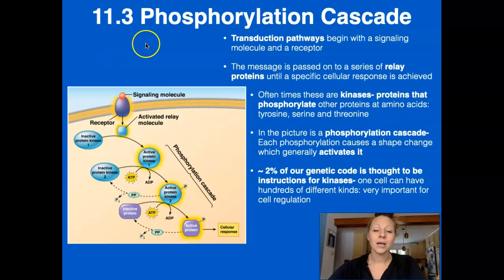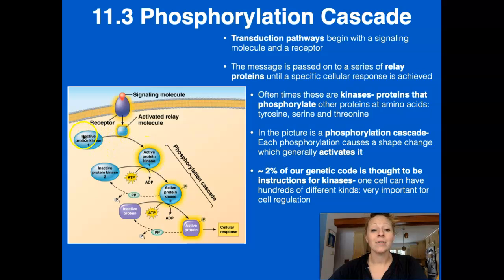The first transduction pathway that we're going to talk about, or the first way that the message can be passed from one molecule to another, is a phosphorylation cascade. It's just simply what it sounds like. We're adding phosphate groups from one kinase to another.